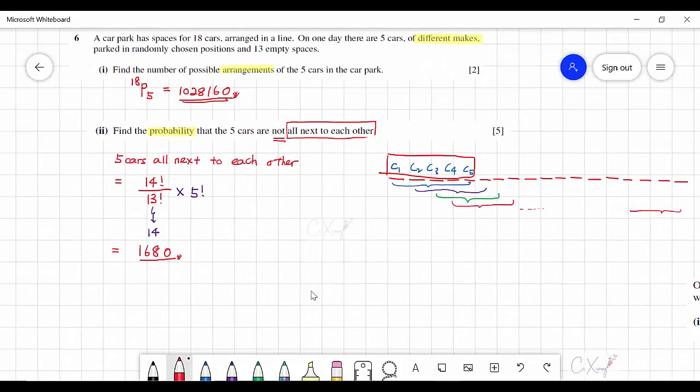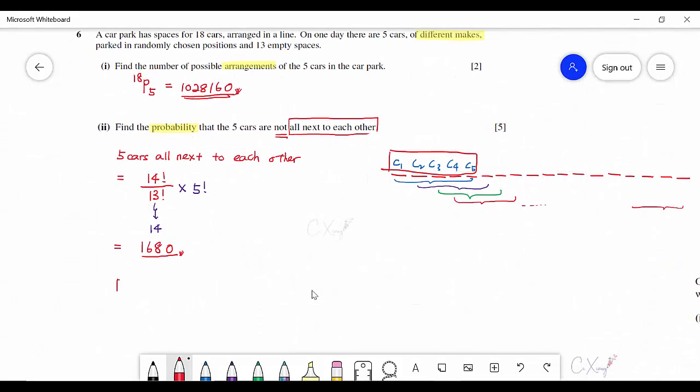Now I want to calculate the probability that the 5 cars are not next to each other. That is the opposite meaning of all next to each other.